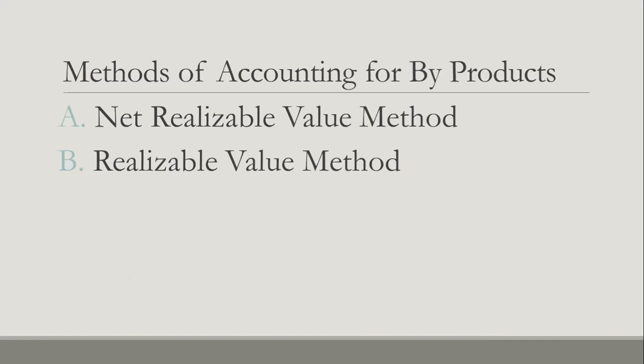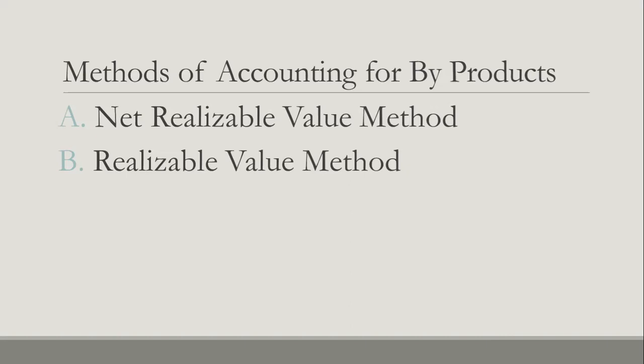Let's now shift our attention to byproducts. Again, byproducts are those that come out incidental to the joint process. Byproducts are saleable, but their sales value alone would not be sufficient for management to justify undertaking the joint process. There are two characteristics for your byproducts.